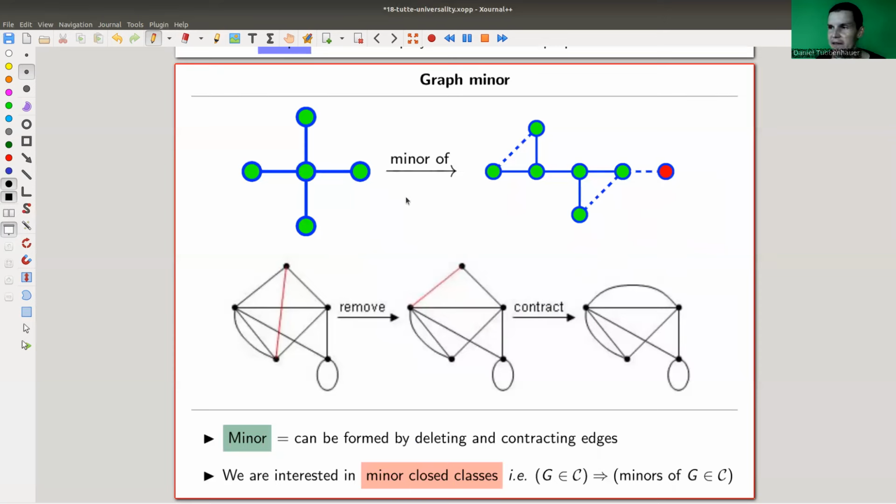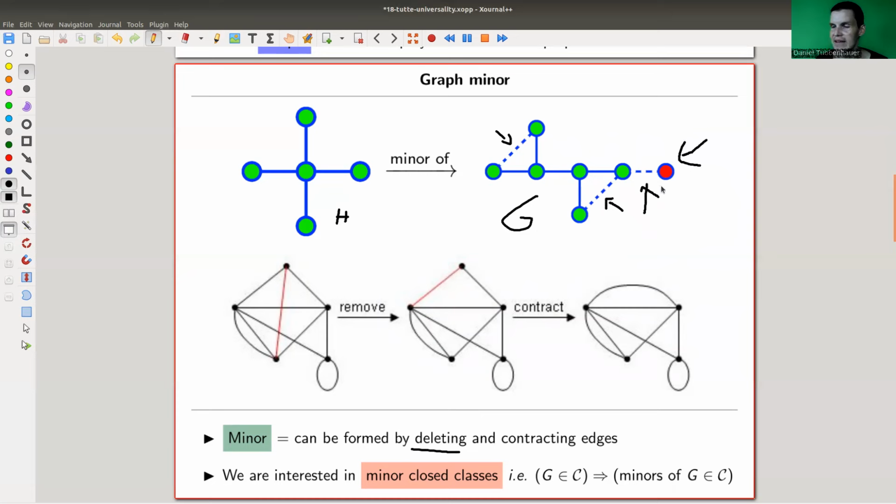Before I can make a formal statement, I need a certain notion from graph theory, which is a minor, which turns up very, very often. A minor is a certain construction from a given starting graph G, and H here is my minor. It's just saying that starting from G, I can delete edges. Those dashed ones here are deletion of edges, and also vertices.